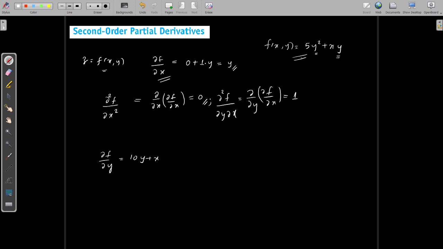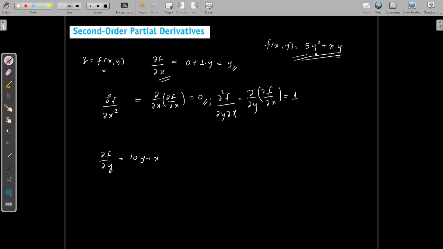The derivative of 5y square is 5 into 2 times y, that is 10y, plus the derivative of xy. When you differentiate with respect to y, taking x as a constant, this is like 2y, 3y, etc. So the derivative of this term will be x. So this is one way of writing another partial derivative of f, with respect to y.